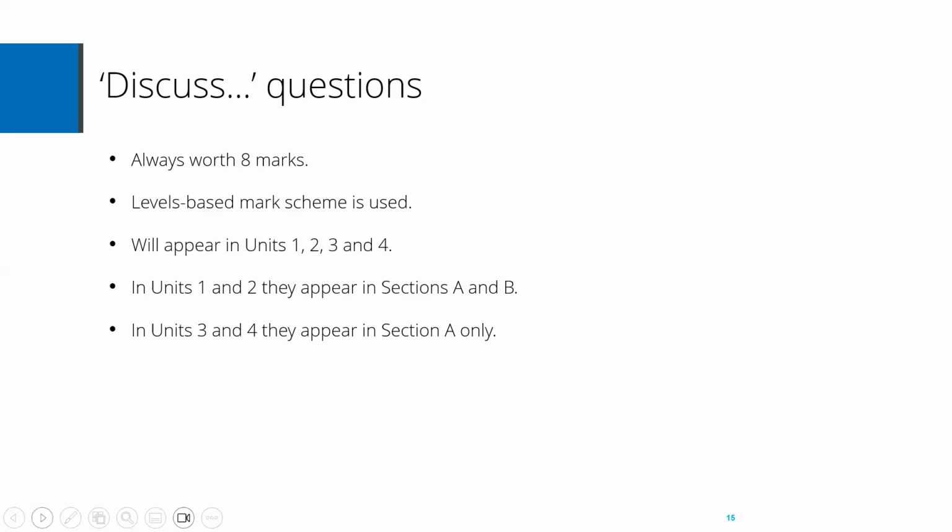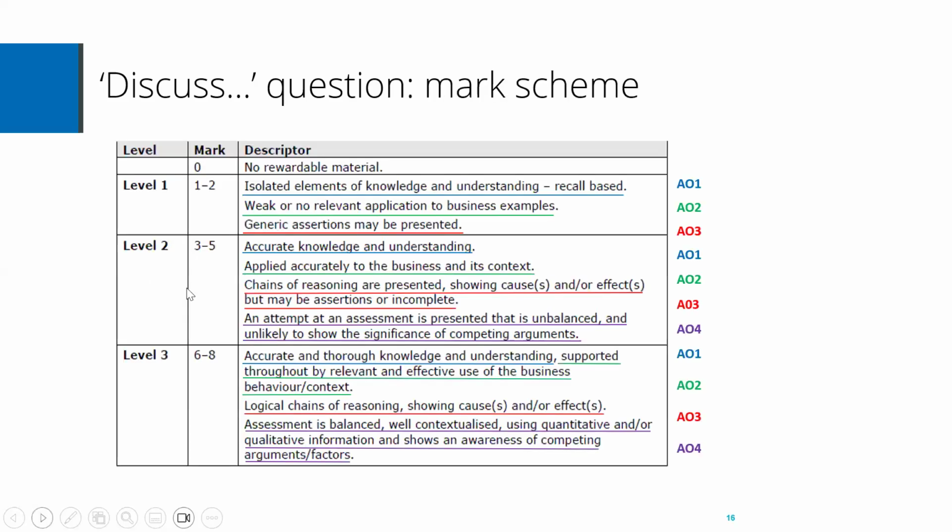Best thing to do here is have a look at the mark scheme. Look at how the mark scheme has been created. To get to level 1, it's very, very easy because all you need to do really is write something that is relevant to the question, because that was what isolated elements of knowledge and understanding would be.